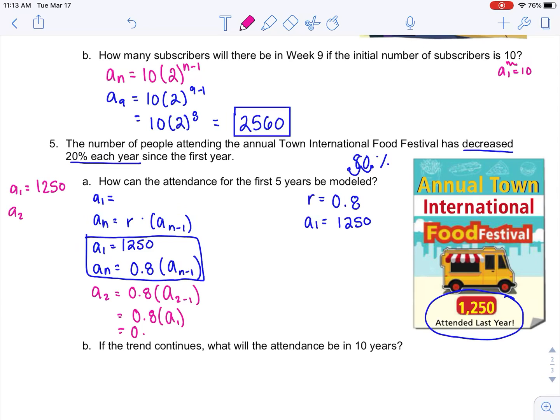So we have 0.8 times a_1. And we know that a_1 is our 1,250, sorry, I said that wrong. So we can multiply 0.8 times 1,250, and that gives us 1,000. So that means a_2 is 1,000.